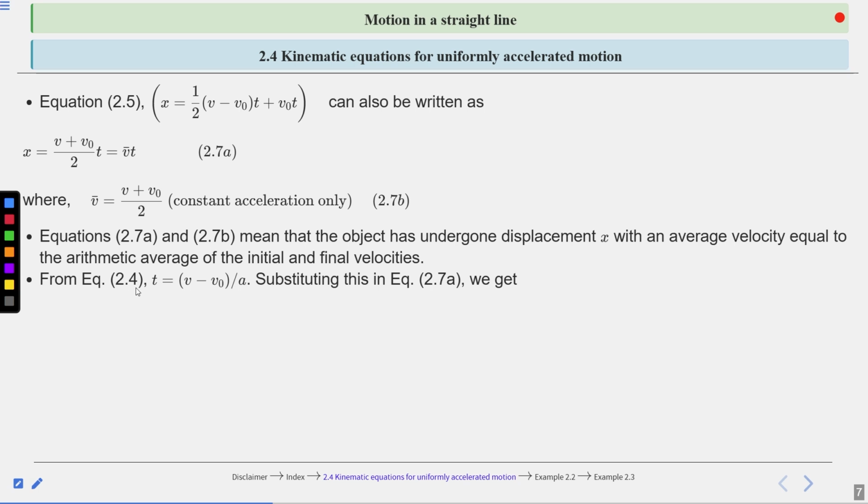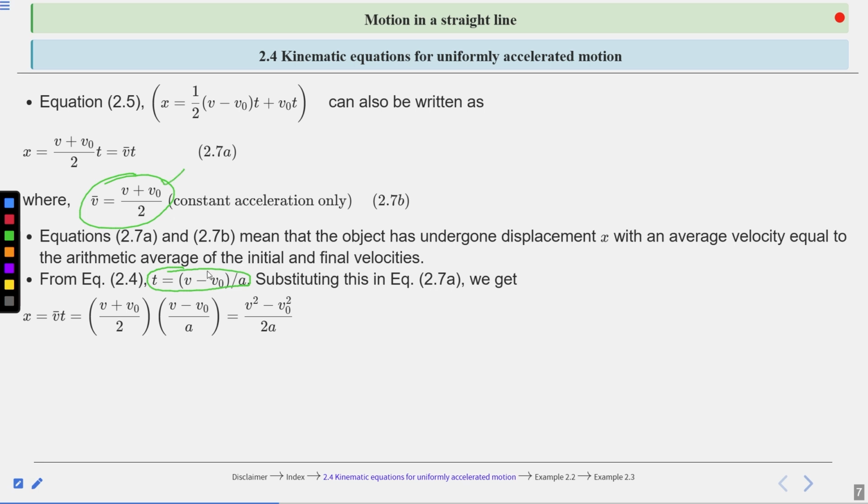So from equation 2.4, the equation becomes t is equal to v minus v naught divided by a. Substituting this in equation 2.7a, we get x is equal to v bar into t. Here v bar, or we can say v mean, is v plus v naught divided by 2 from this relation, and t is v minus v naught divided by a from this relation.